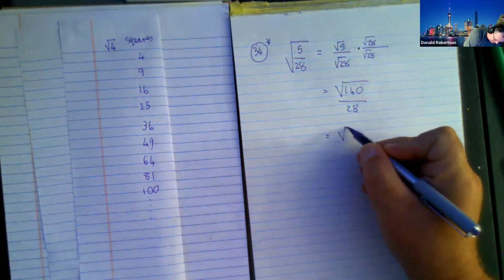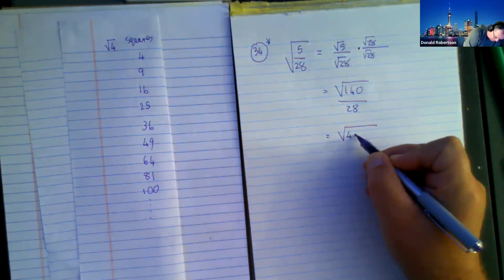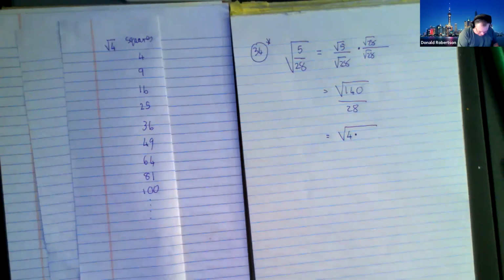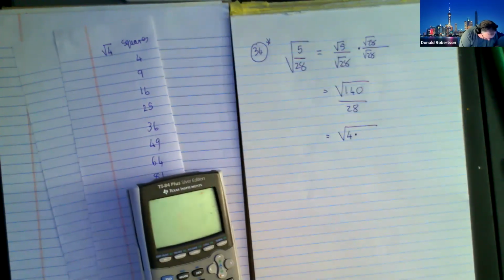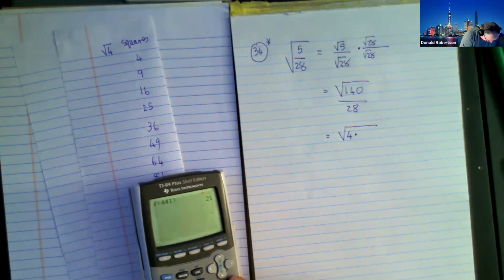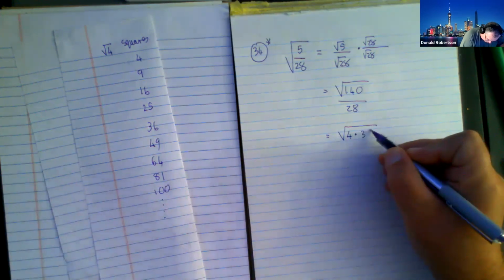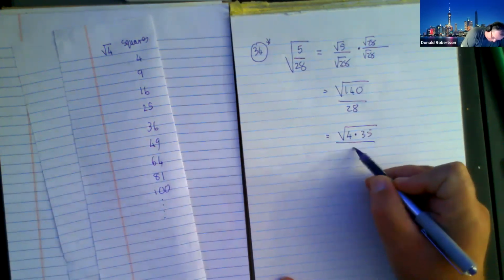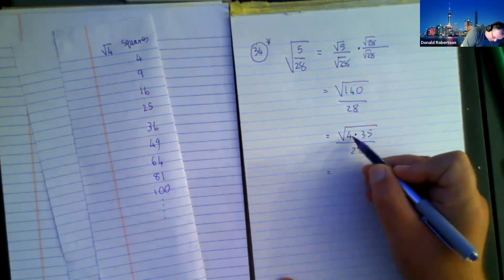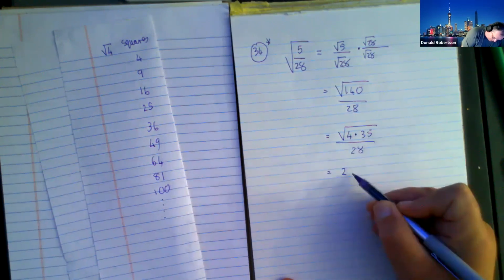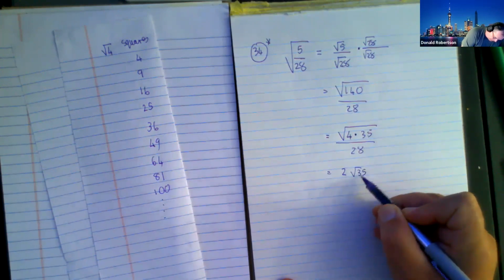And I think you can do 140 as 4 times something. Let's see if that's the case. 140 divided by 4. And the answer I get is 35, so yes, you can. Now that guy will get you 2, and that guy will get you square root of 35.